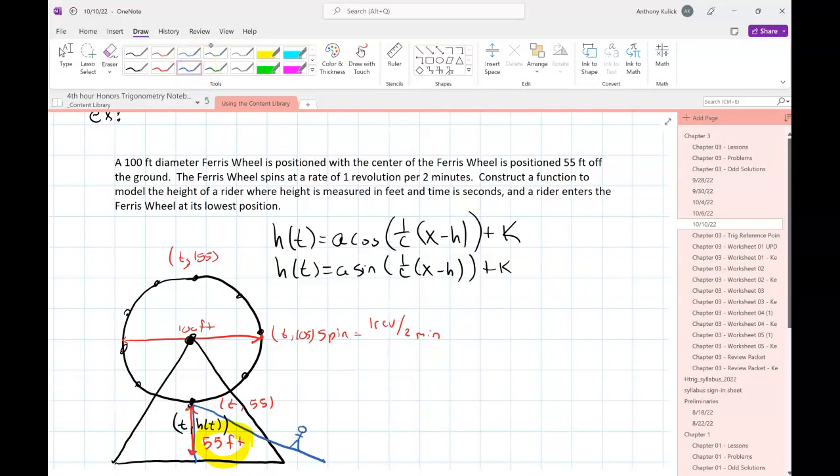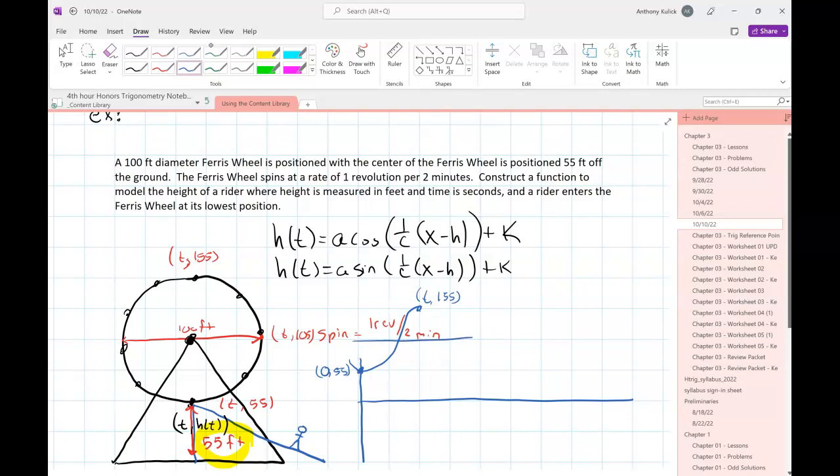So if we think about this as a graph, if I think about it as a picture, we start here at 0, 55, right? We know that's a minimum because that's the lowest part on the graph. And then sometime later over here, we can get up to a height of 155. Everybody agree with that?